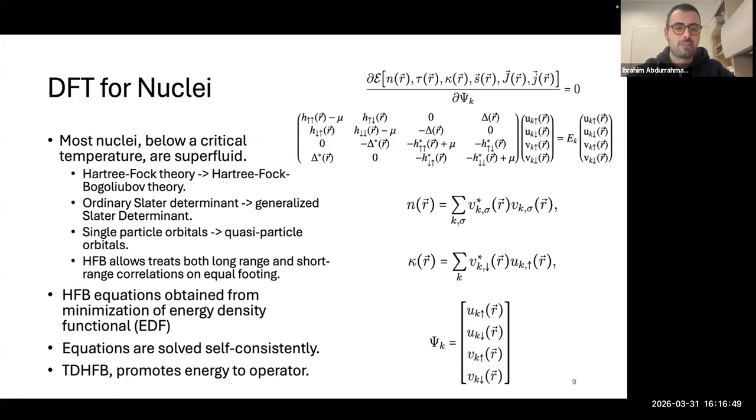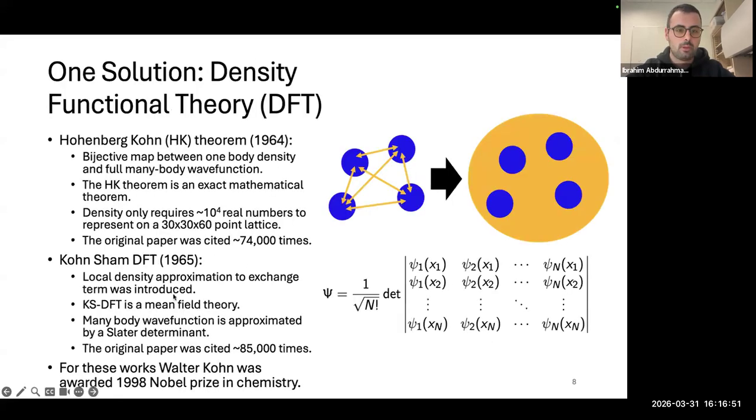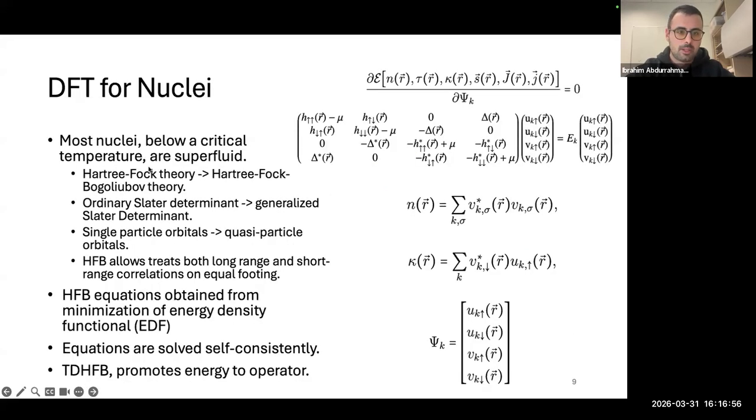What I described previously in this slide, the simplest implementation is Hartree-Fock theory, where you'll get your orbitals, which will define your energy levels. You'll fill your energy levels up to the Fermi level completely. And this is Hartree-Fock theory, which will account for all of the long-range correlations in your theory.